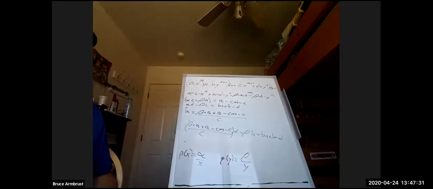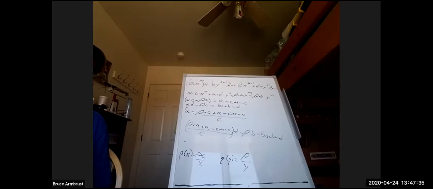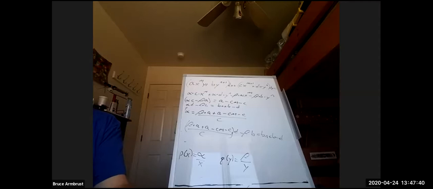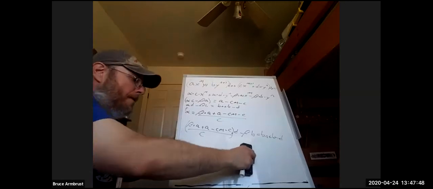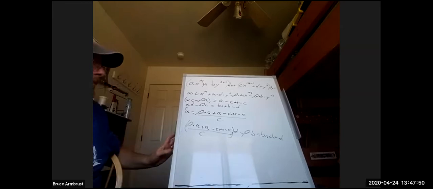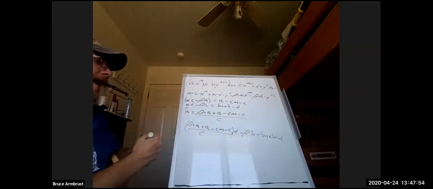So just remember that all these other things, the A, B, C, D, M, N, those are all numbers that we know. They're going to be told to us. So really the only things we don't know are alpha and beta. Well, now I'm going to multiply everything by C to get rid of that fraction.